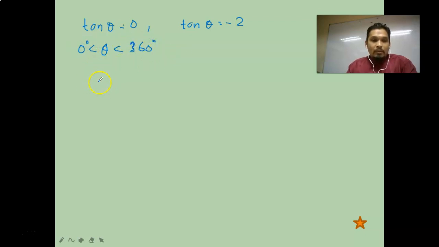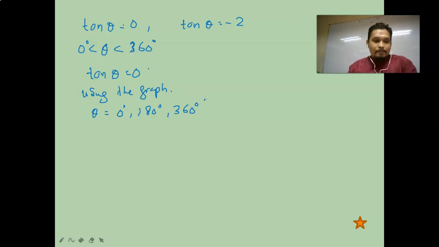Okay, now for tangent theta equals 0, using the graph of tangent theta, theta equals 0 degree, 180 degree, and 360 degree.